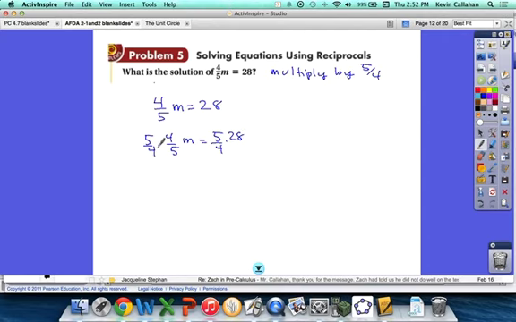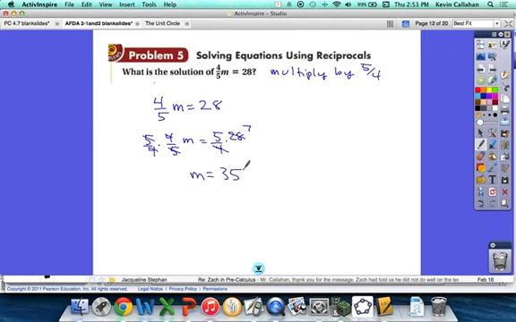And now 5/4 times 4/5, right? That's the inverse property of multiplication. Or you could just say 5 cancels 5, 4 cancels 4. It's all 1. So m equals, and then 4 goes into 28 how many times? 7. So that is 5 times 7, 35.